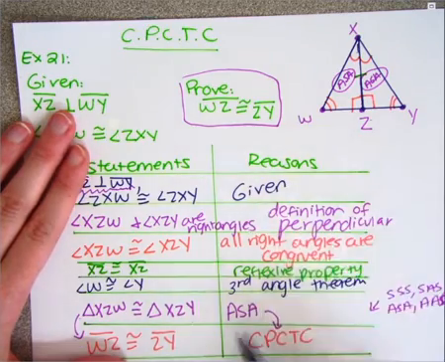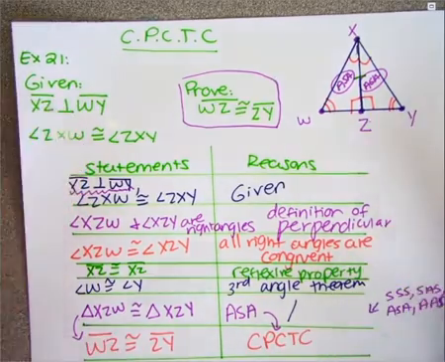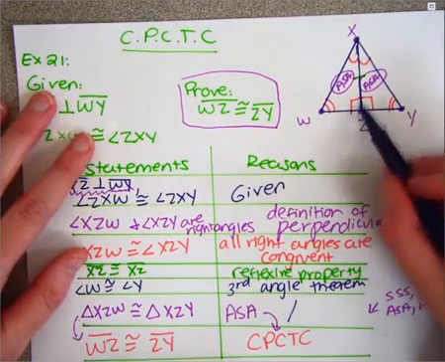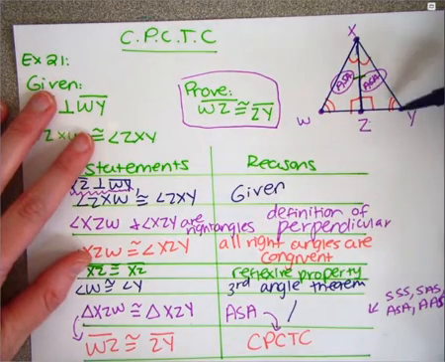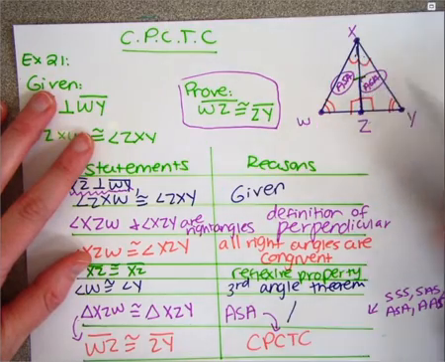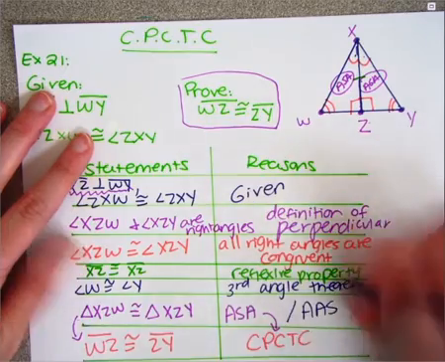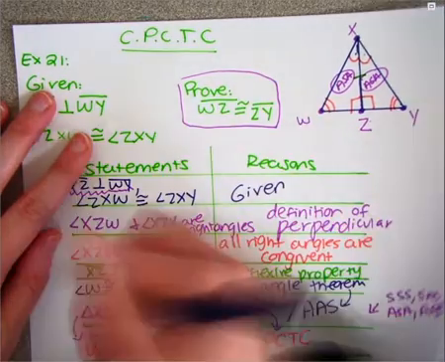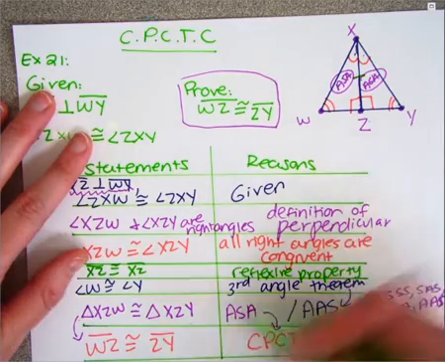So in addition to ASA, I can also say using this statement that triangles are congruent by angle, angle, side. I could also go the other way, angle, angle, side. So triangles are also congruent by angle, angle, side because of this one. The reflexive property got me to the ASA.